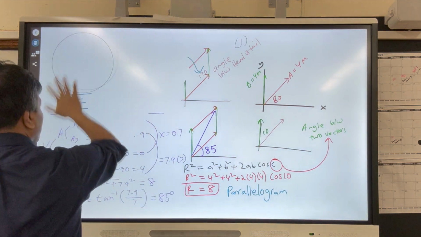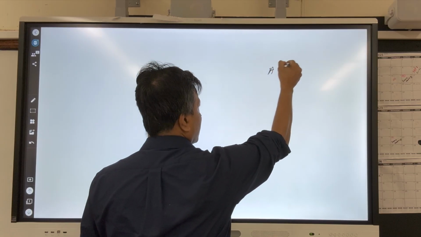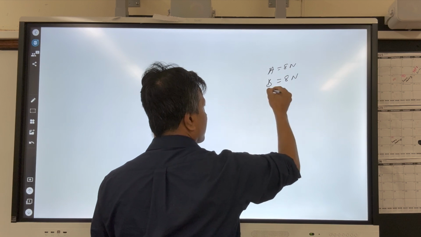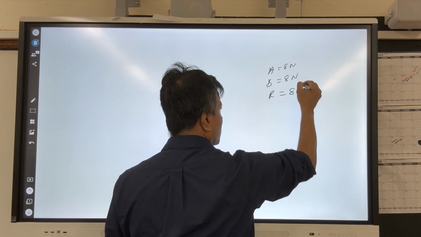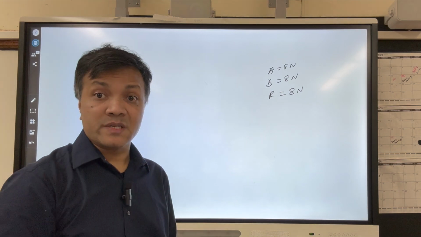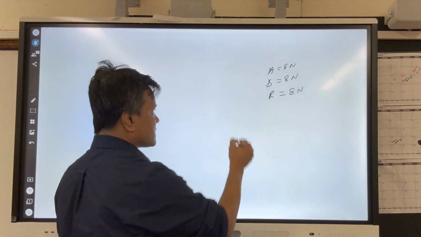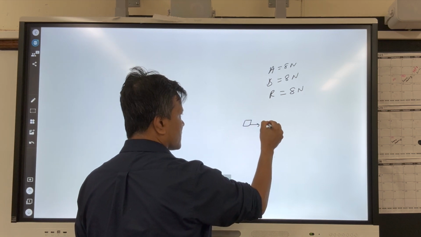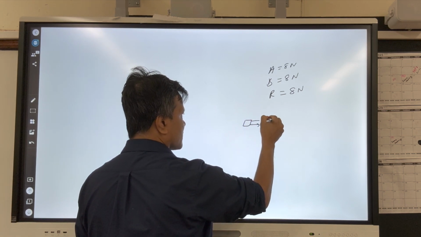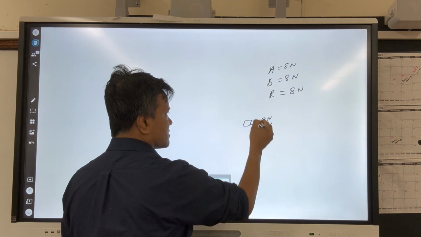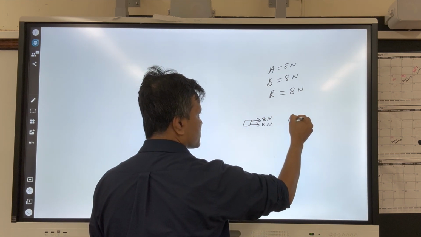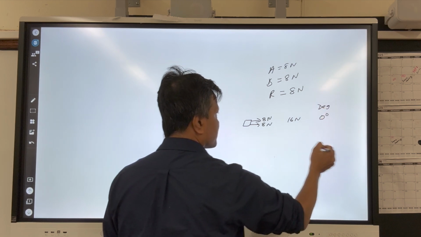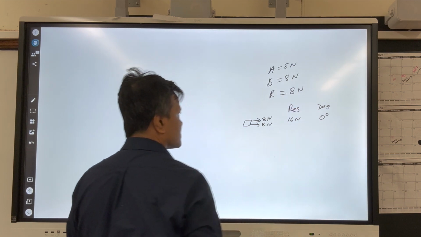Now I'm going to do problem number 2. Vector A is 8 Newton, vector B is 8 Newton, and the resultant is 8 Newton. What angle made it possible, right? If you have a box and you apply 8 Newton and 8 Newton, then what do you get? You get 16 Newton because the angle is 0 degrees, and this is the resultant.